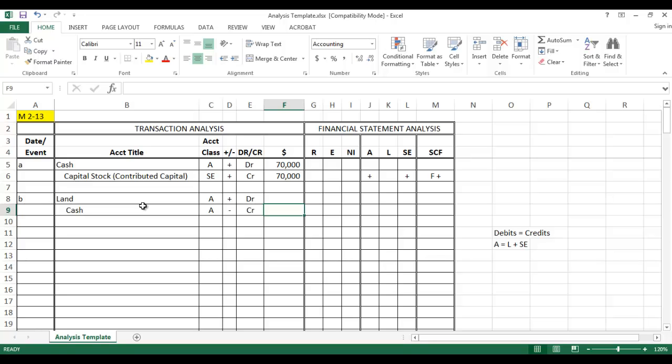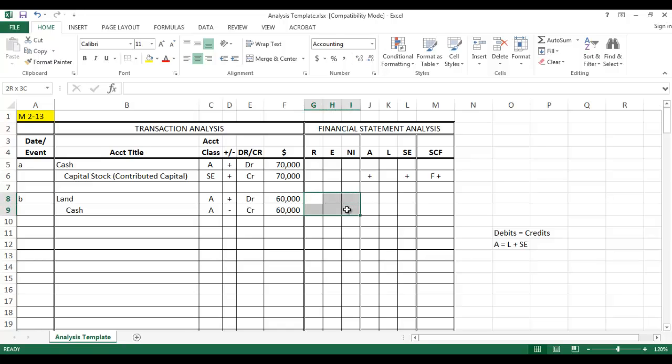Invoking our cost principle, which if that doesn't ring any bells, revisit that from chapter 1, we typically record the acquisition of assets at historical cost, what we paid for them. So we want to book $60,000 here. In essence, we don't care right now that it's potentially worth $65,000.